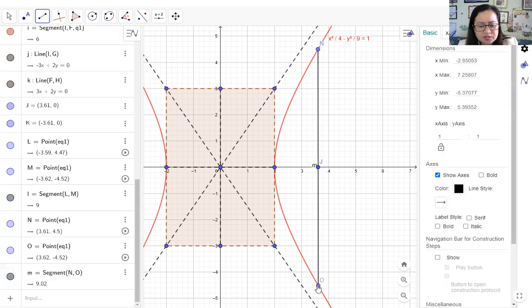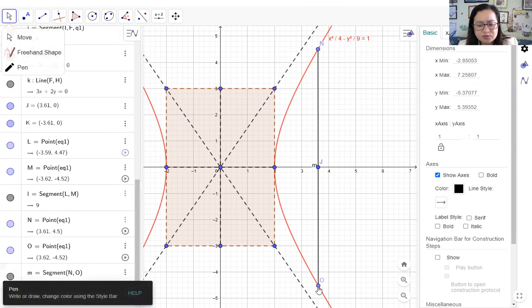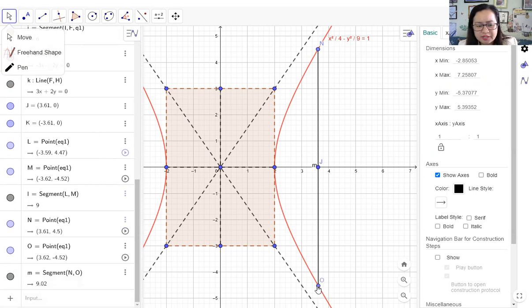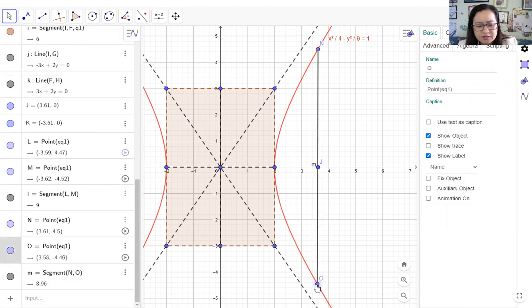Then we will just adjust to make it accurate. It should be equal to 9. So here we have the latus rectum of the hyperbola.